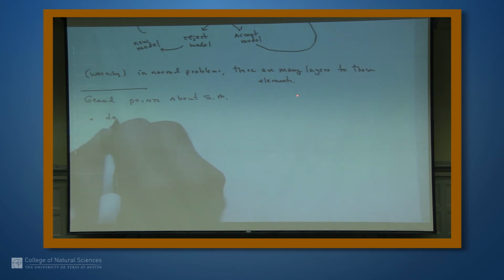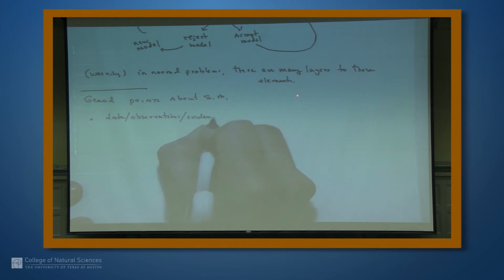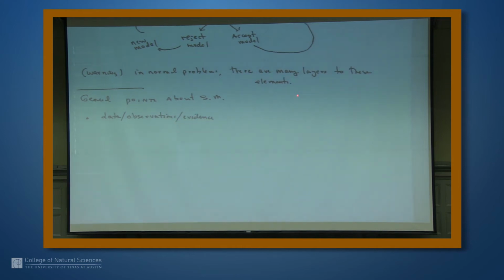So data, which by the way means the same thing as observations, which means the same thing as evidence. We can use those words interchangeably. All mean the same thing.